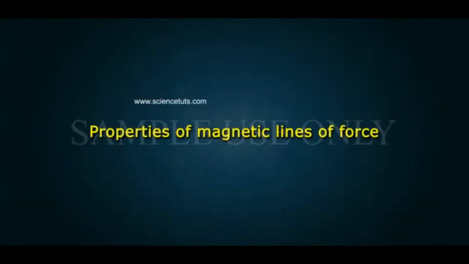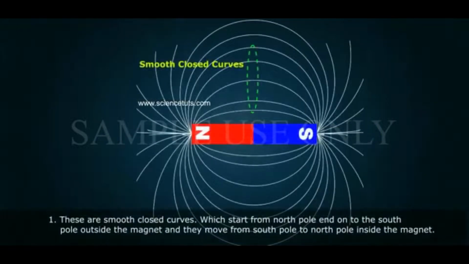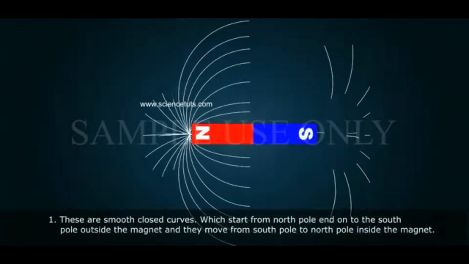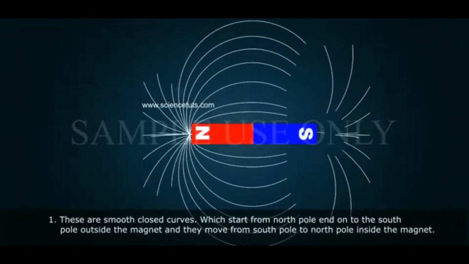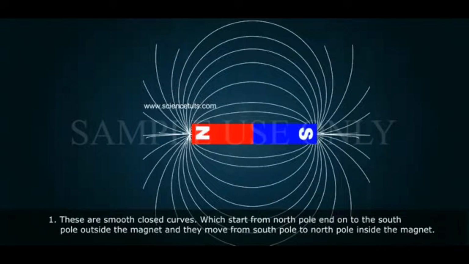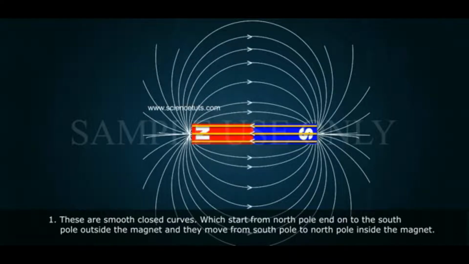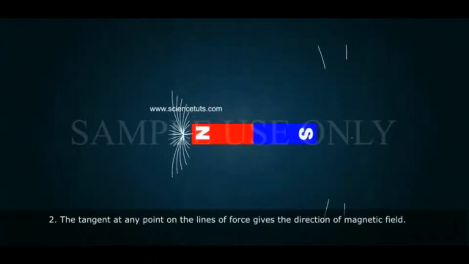Properties of magnetic lines of force. 1. These are smooth closed curves which start from the north pole and go on to the south pole outside the magnet, and they move from south pole to north pole inside the magnet. 2.